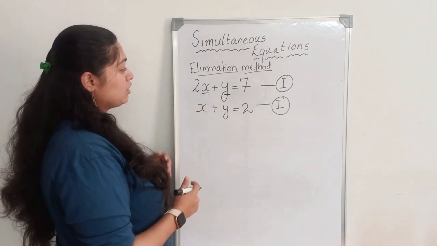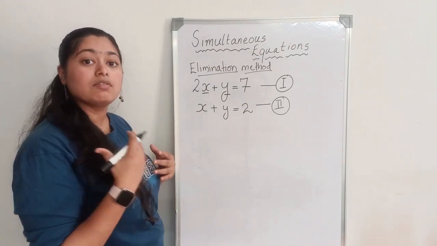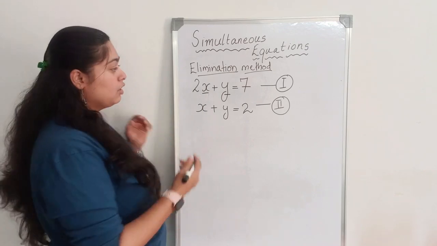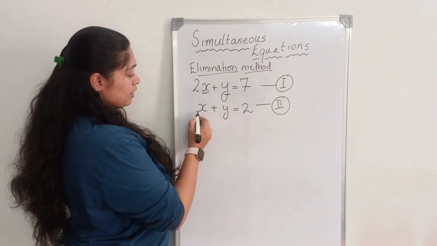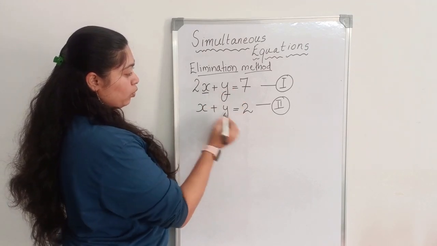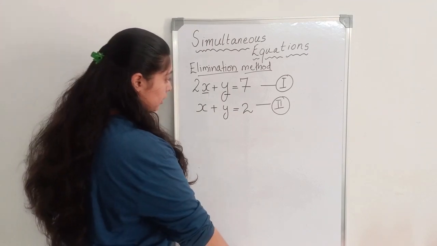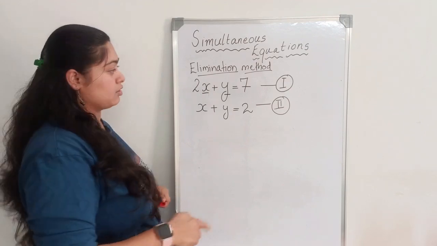Okay. So now looking at these two equations, I have to decide which variable I'll get rid of first. So I can see a 2x and x, y and y. I will opt to eliminate y in this case.